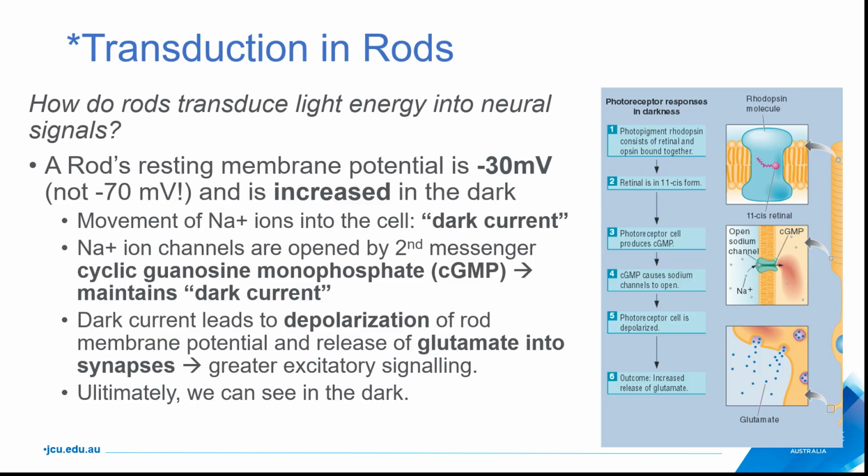Because of this influx of sodium ions, we get depolarization. Always remember, it's a depolarization of the rod membrane potential. Consequently, we get release of glutamate into the synapses. Because of the glutamate, we get a higher occurrence of excitatory signaling. Because of this excitatory signaling, we can see in the dark.